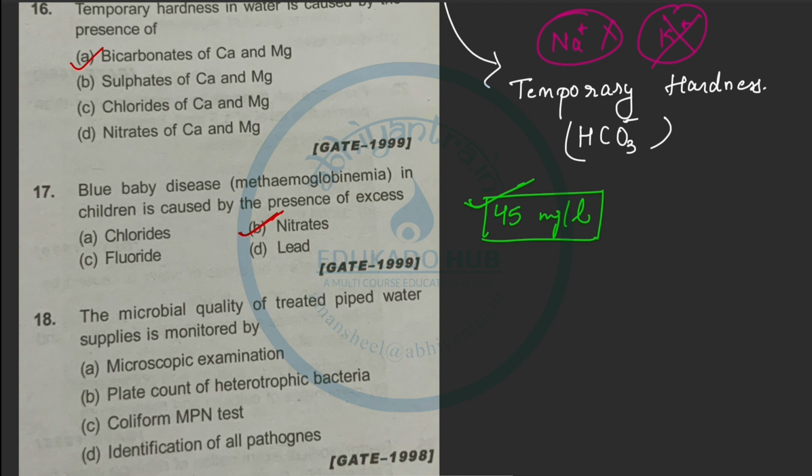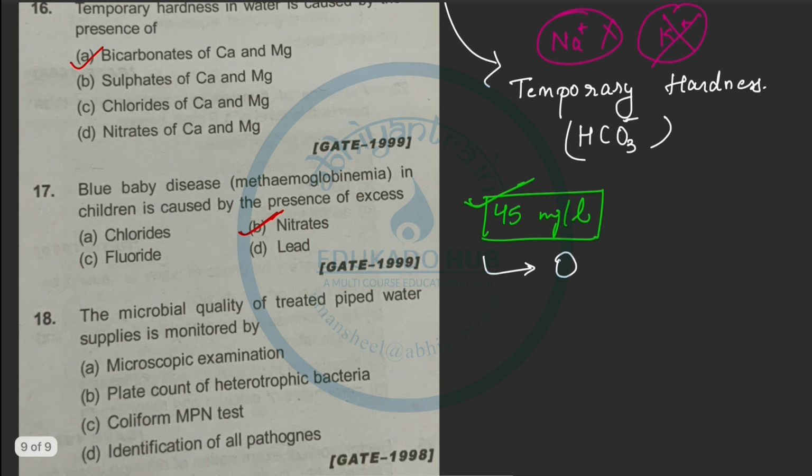See, what is blue baby disease? Nitrate sucks out all the oxygen of the water, right? So if small babies have this water, they don't get proper oxygen supply in their body because nitrate is there, it is just sucking out all the oxygen.